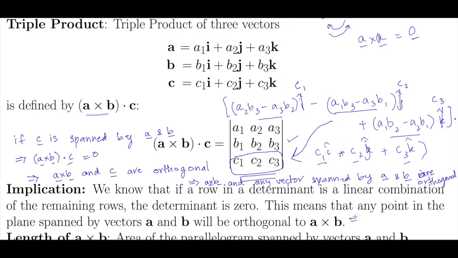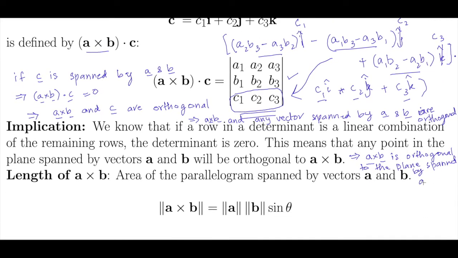And this means that a cross b is orthogonal to the plane spanned by a and b. Okay, so this is what I have written here.